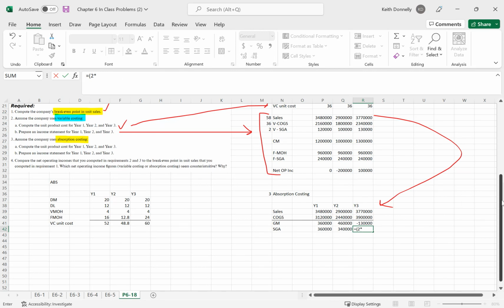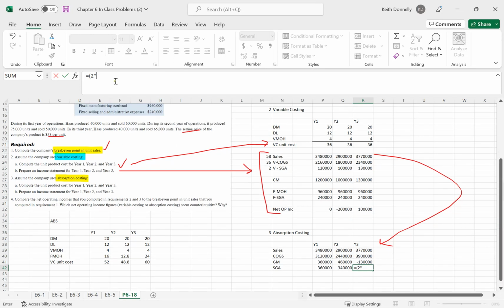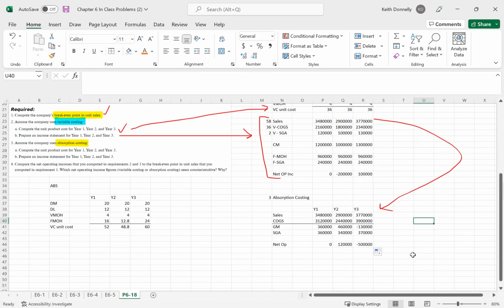We sold in year 3 65,000 units. So 2 times 65,000 plus the fixed component of 240,000. Accordingly, when we take our gross margin minus our SG&A, our net operating income or loss is going to be 0, 120,000, and 220,000 there.